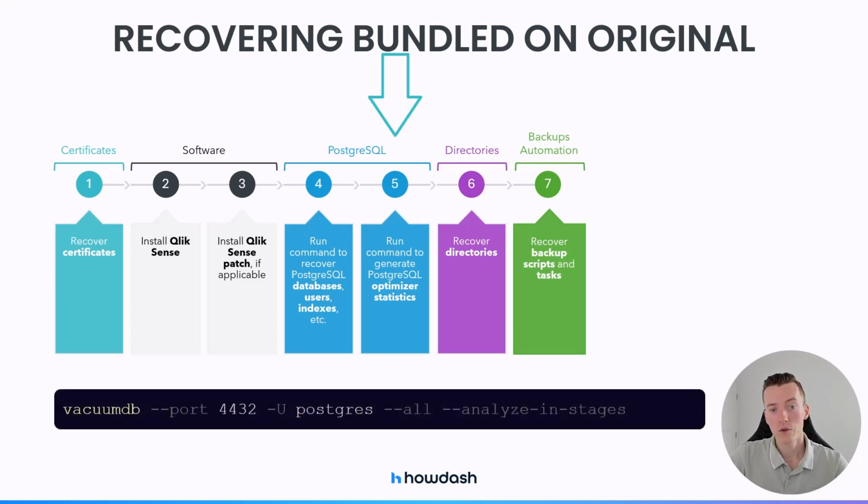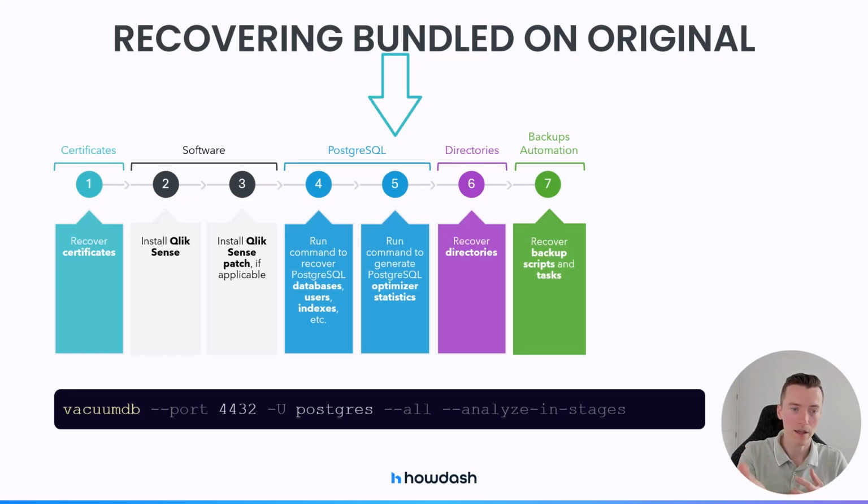After that, you would run a command to generate something that's called optimizer statistics. When PostgreSQL is installed and populated with the data, PostgreSQL needs to get some sort of metadata or statistics that it can use for its optimizer. For context, it's kind of like a brain of PostgreSQL that is used to make sure that PostgreSQL is running at an optimal level.